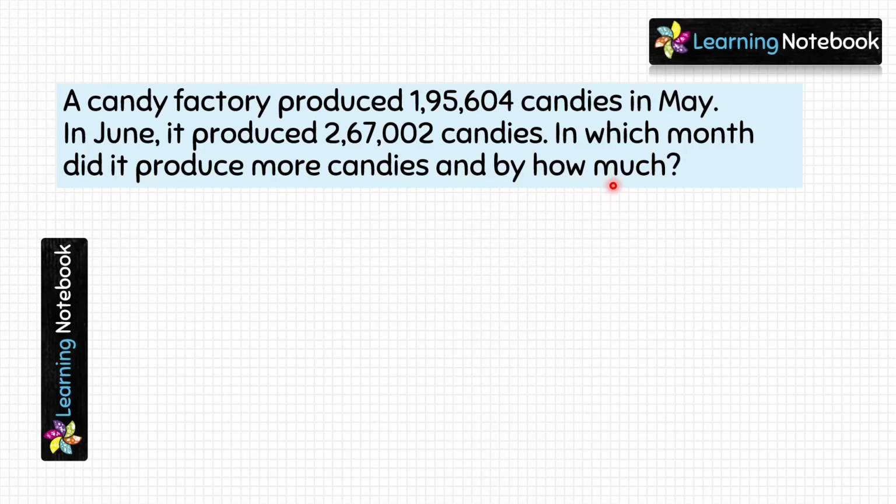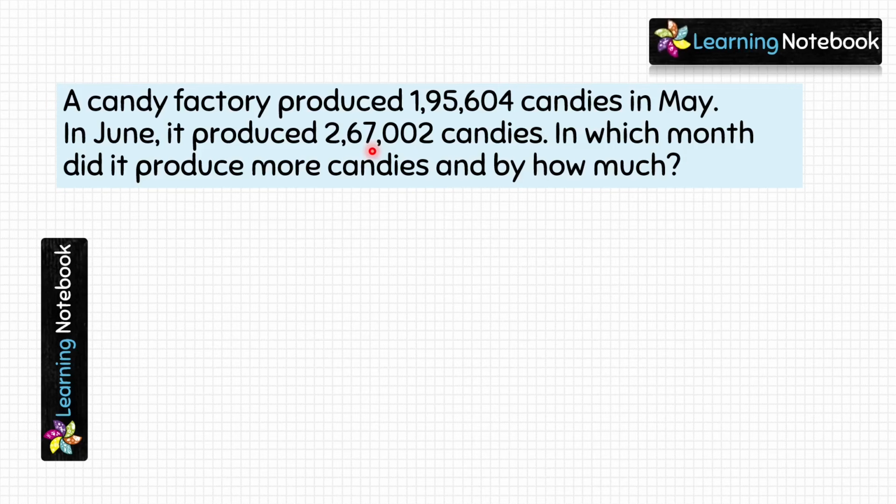So here first let's understand this word problem. A factory has produced these many candies in the month of May. And then the same factory produced these many candies in the month of June. Now we have to find in which month more candies were produced.